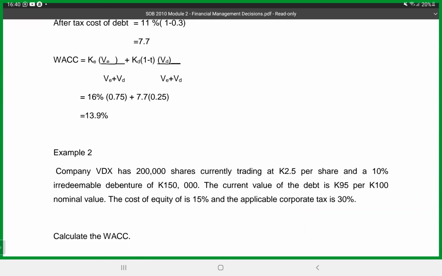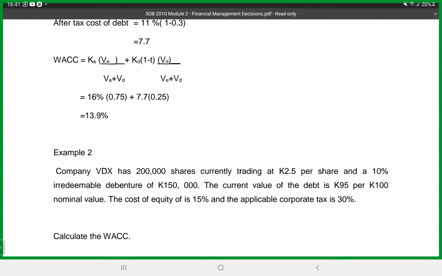Company VDX has 200,000 shares that are currently trading at 2 kwacha and 15 ngwee per share, and a 10% irredeemable debenture of 150,000.